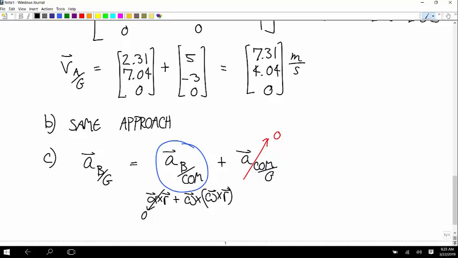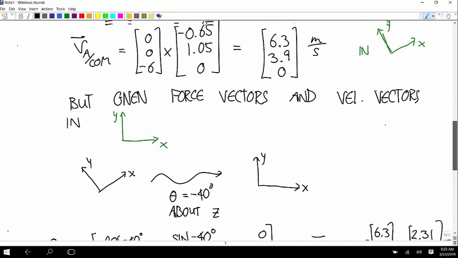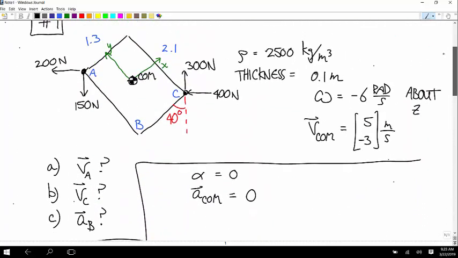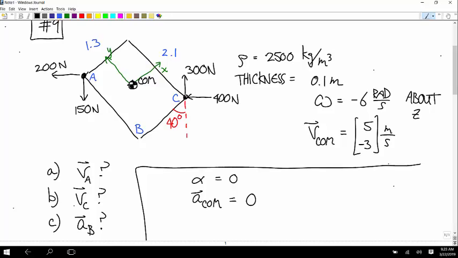So come up with the r vector. We already have the omega vector and calculate it. And then you could use that in, like, what would be an engineering application of something like this?